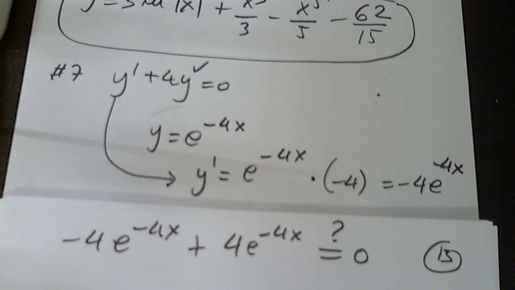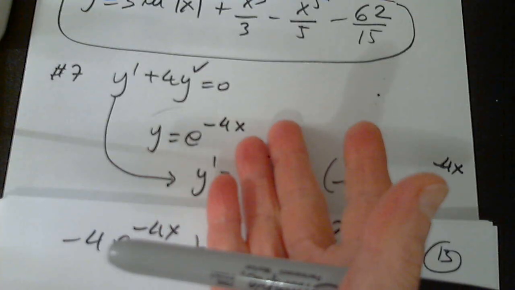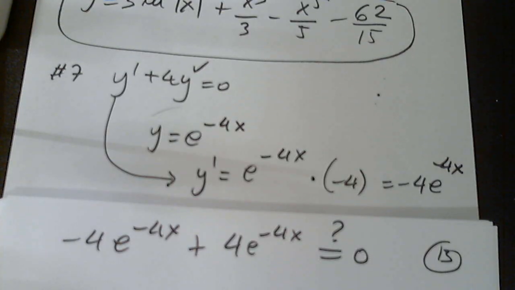Meaning, does this equal 0? If it does, then I'll say yes, that is a solution. If you say no, then I'll have to say no, it's not a solution.